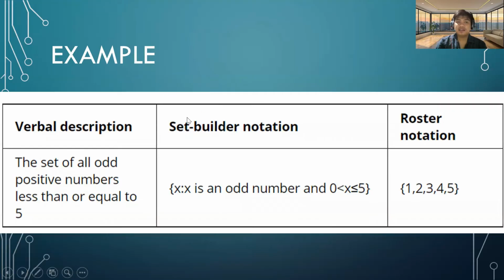So here is an example. So here is a verbal description of a particular set. Set of all odd positive numbers less than or equal to 5. So we have here 1, 2, 3, 4, 5 kapag nakalista yung mga elements.